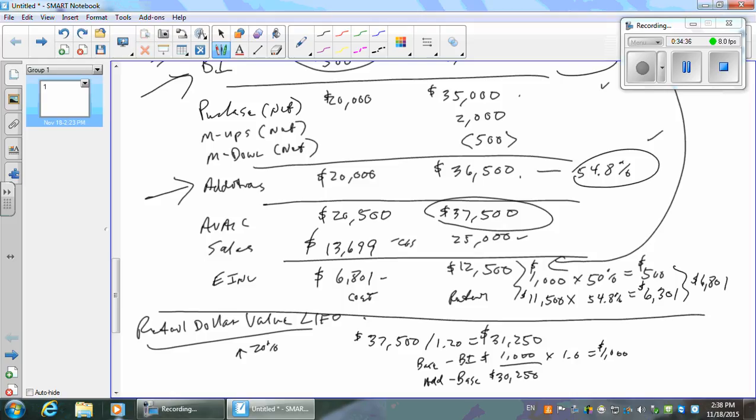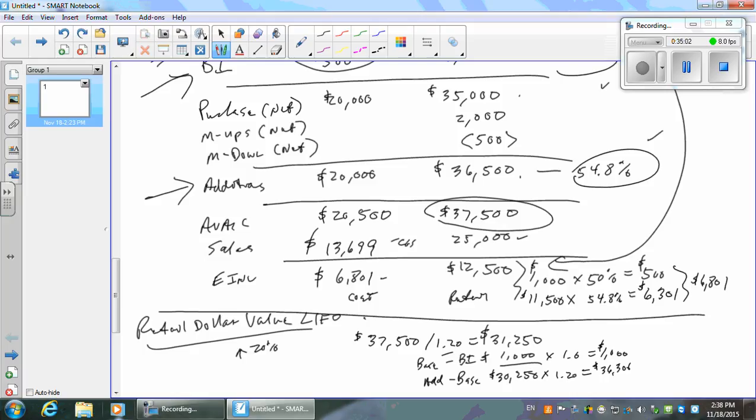And then what do I want to do with the increment? Bring the increment back up at the 1.2. It's going to get you almost back to the same place because there's only 1,000 there in the base. What's 3,250 times 1.2? I deflated at 1.2, and now I reinflate at 1.2, right? 36,300.